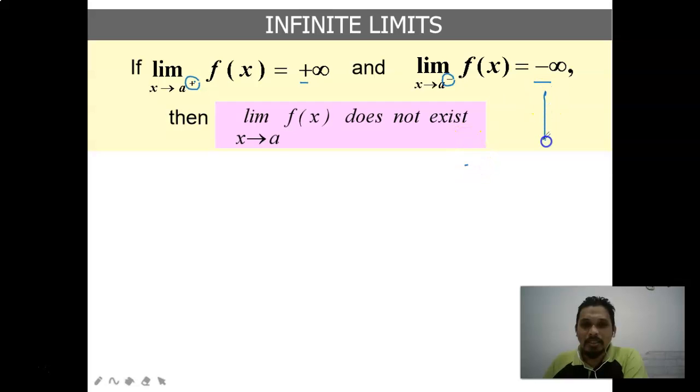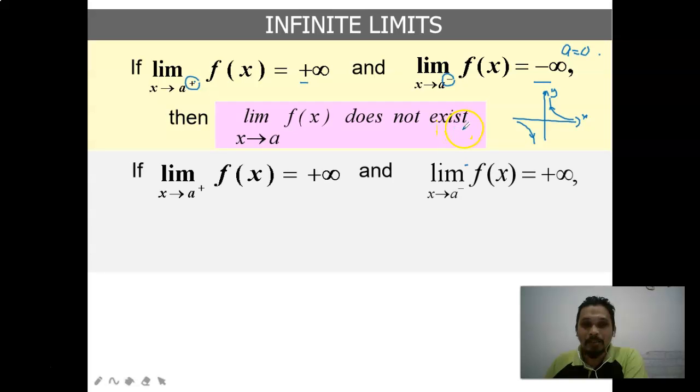In this case, let's say a equals 0, the limit as x approaches a from the right side, the graph is moving up, and when x approaches a from the left side, it equals negative infinity, so just like moving down there. So one is moving up from the right side and one is moving down from the left. So the limit does not exist. And what about this one here now?